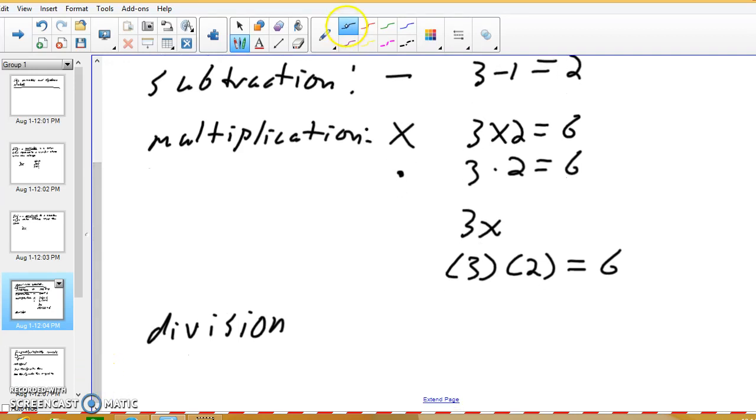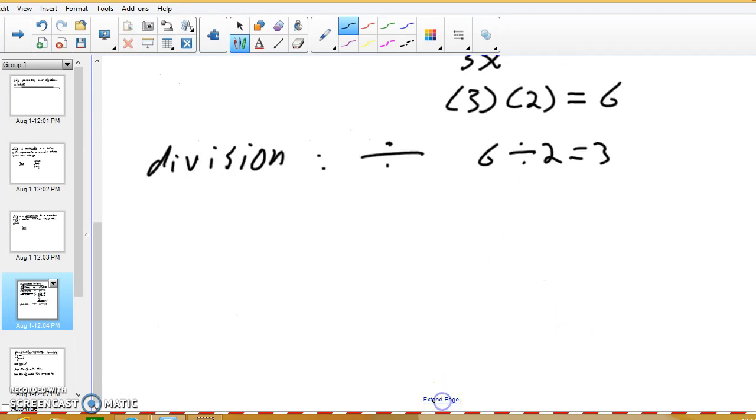And then the last one is division. Again, we're all familiar with the division sign like that. So 6 divided by 2 is equal to 3. But again, like multiplication, division can be represented several other ways. You can see it as 6 divided by 2 is equal to 3. More proper way is 6 on top of 2 is equal to 3.